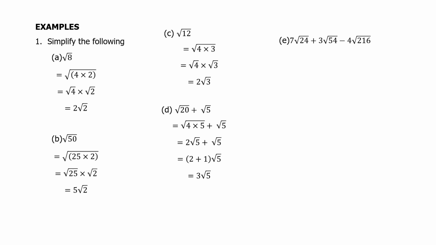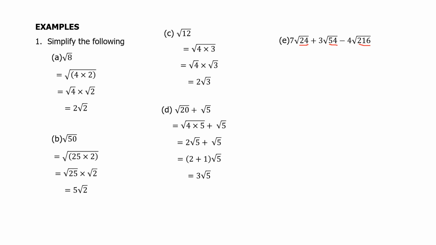When we go to part E, we have 7 root of 24 plus 3 root of 54, then minus 4 root of 216. So like I said, those numbers under the square roots, we are going to find ways of identifying the square numbers which are inside there.